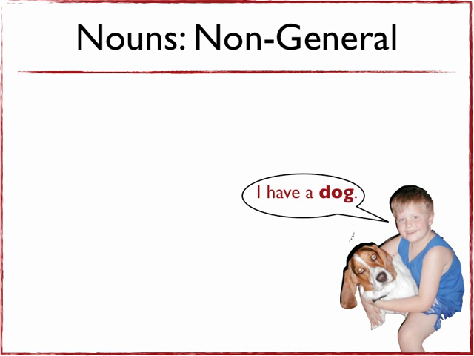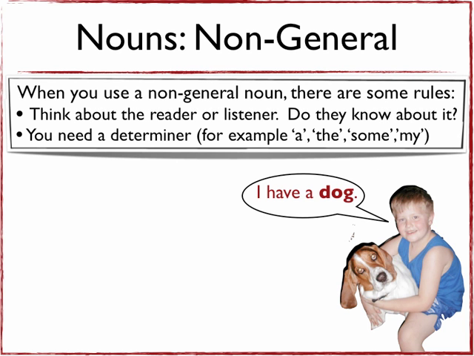When you use a non-general noun, there are also some rules. It is very important to think about the reader or listener. What do they know about the noun? Also, you need a determiner. Some examples are a, the, some, and my.